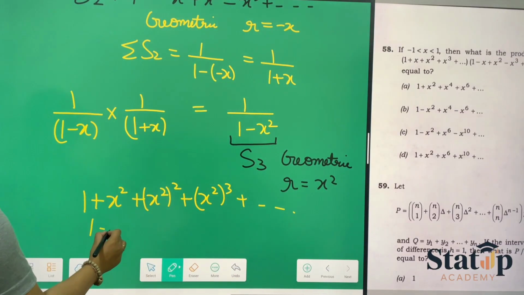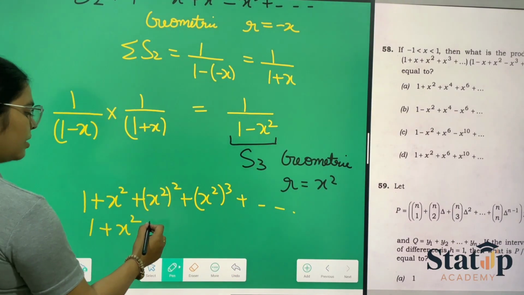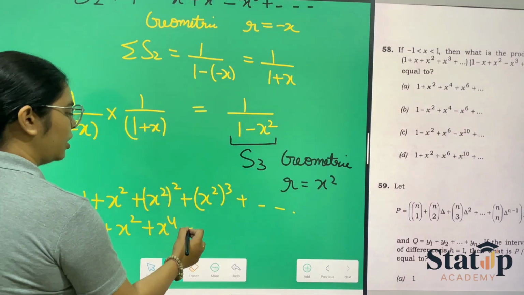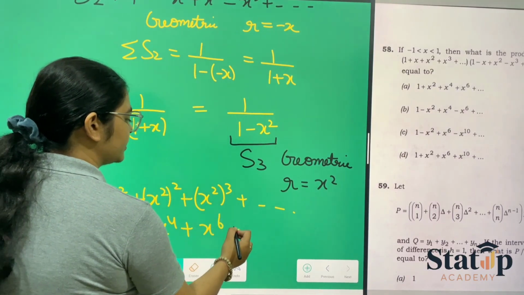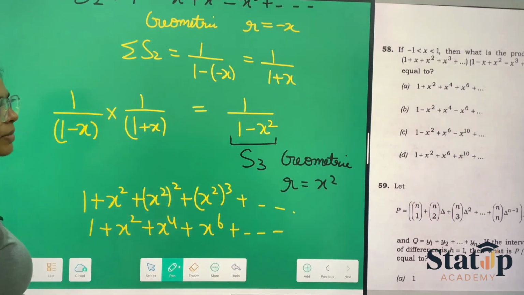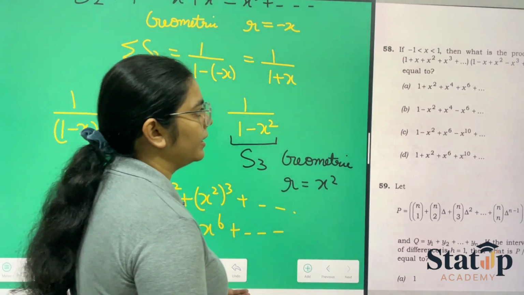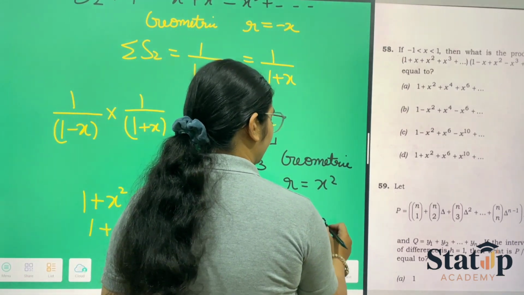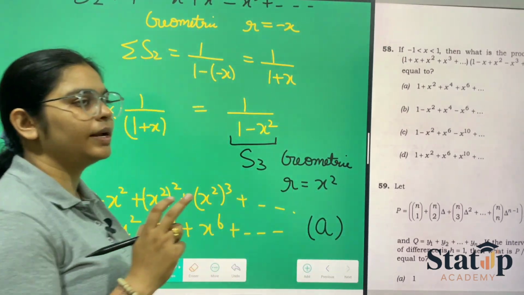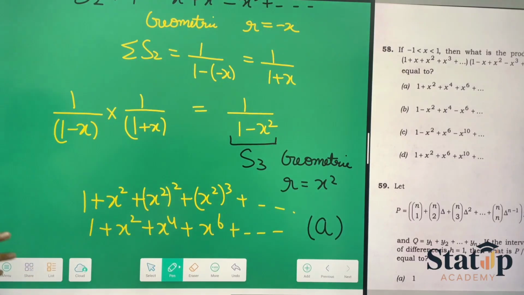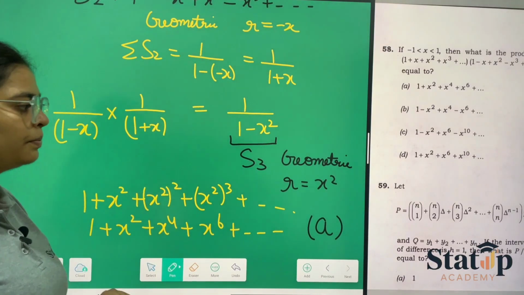So this will be 1 plus x square plus x raised to the power 4 plus x raised to the power 6 and so on, which matches directly with our option number A. Okay, this was that much simple a question.